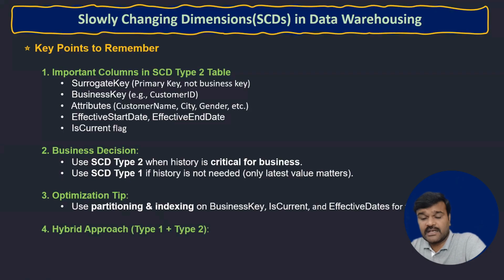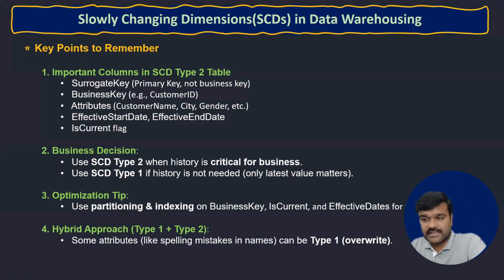Then, at the same time, there is a hybrid approach. If you want to save storage and at the same time maintain the history, that's type 1 and type 2 together; in upcoming discussions we will see this hybrid approach in one of the types.